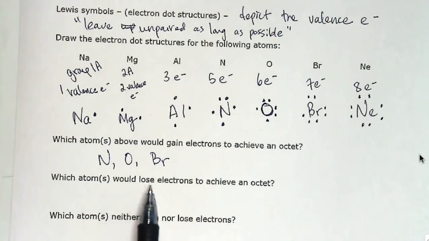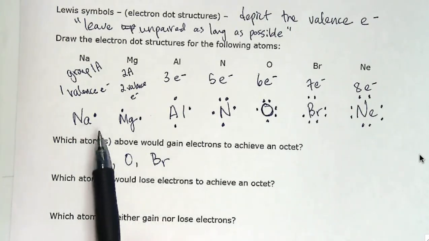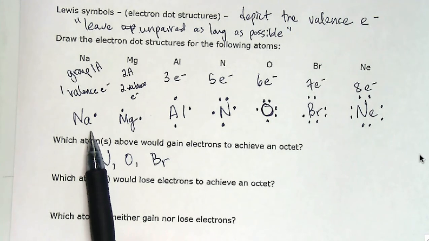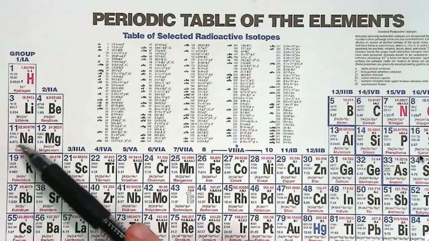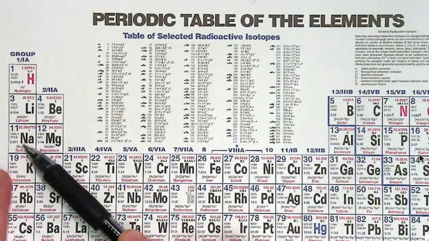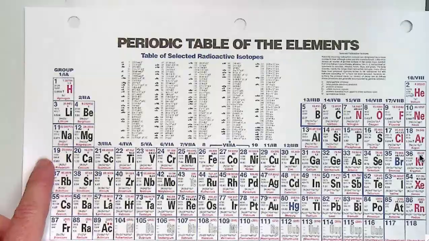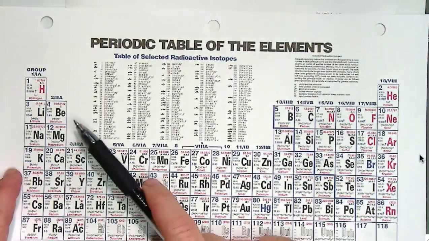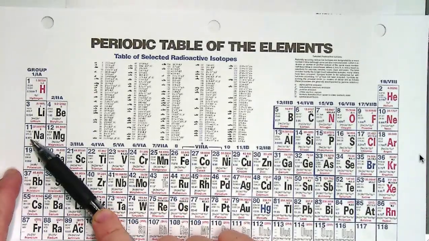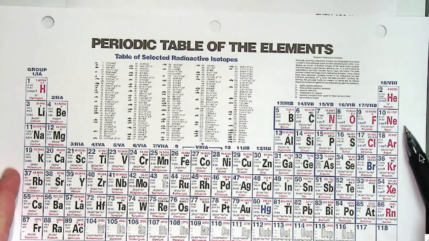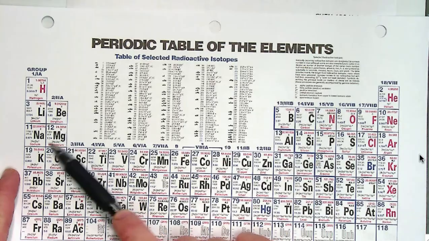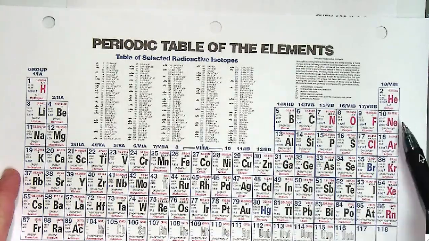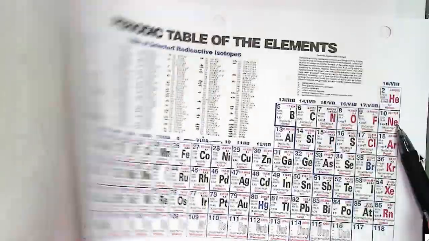Which atoms would lose electrons in order to achieve an octet? These would be the ones that don't have very many valence electrons to begin with. So looking here on the periodic table, sodium. It's quicker for sodium, let me zoom out a little bit, it's quicker for sodium just to lose 1 electron and go to neon. It's quicker for magnesium to lose 2 electrons and then it would have the same configuration as neon.